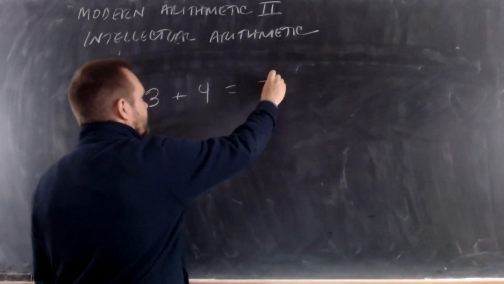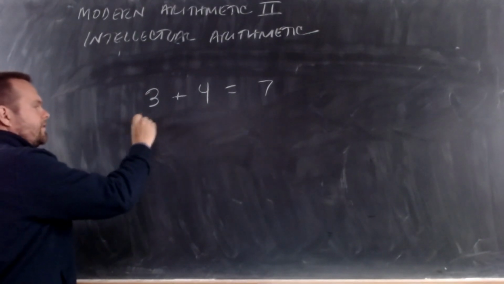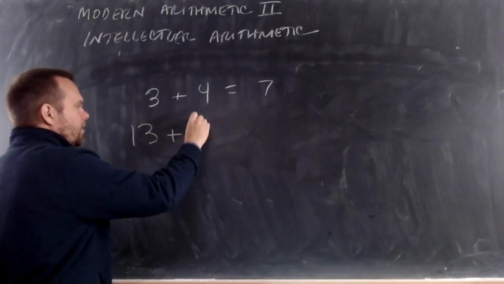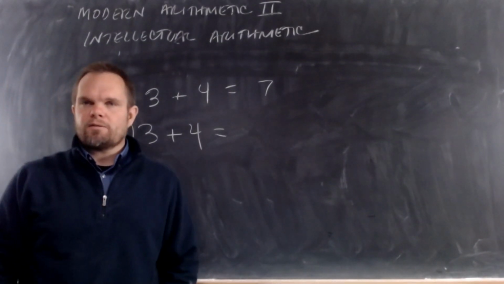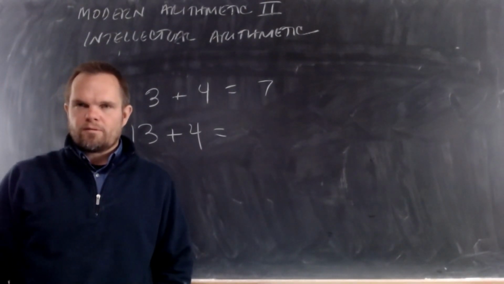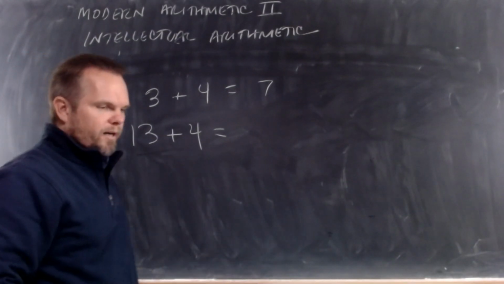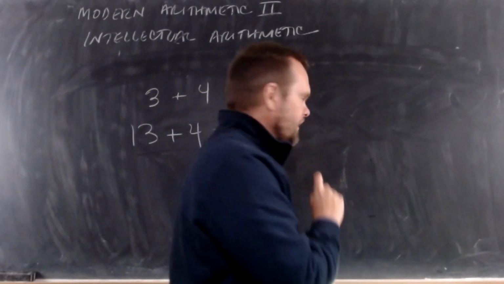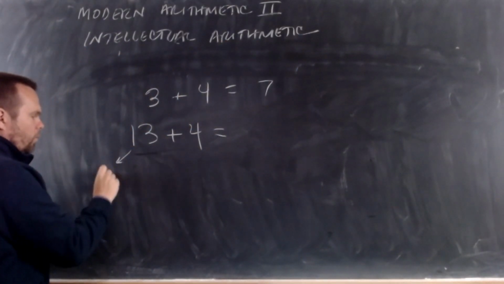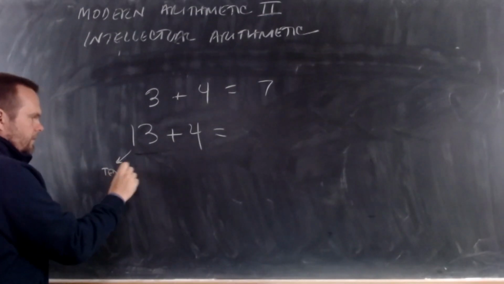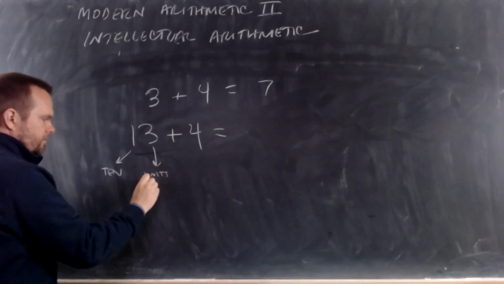That's easy. Okay? But what just happened to you was you had to add 13 and 4, and you're trying to think of what the answer is. Okay? When you start getting into higher numbers, what you need to learn is to think about a higher number as 10 and 3 units, or 3 ones.